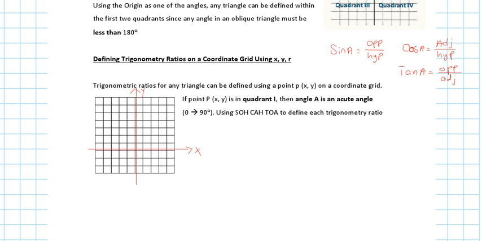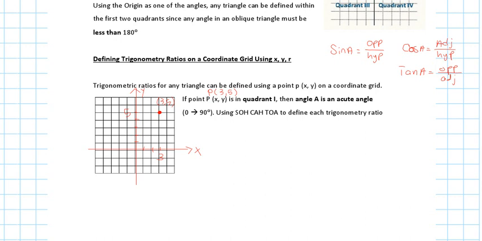Give me a point in quadrant 1. Just any value. 3 and 5? Sure. That's what I heard. So I have the point 3, 5. So 1, 2, 3, 1, 2, 3, 4, 5, and my point is right here. This is 3, 5, which is x and y.